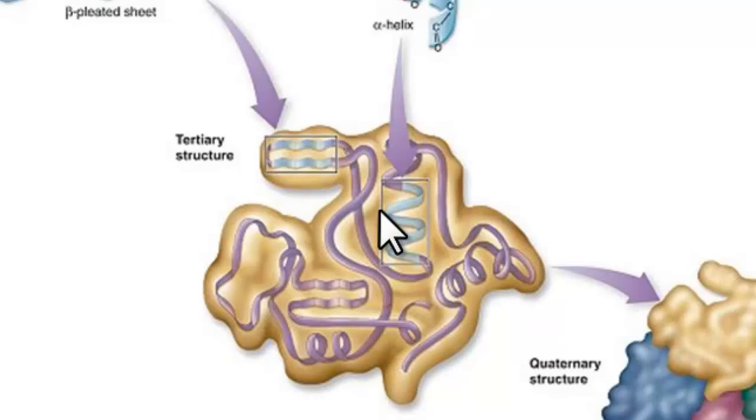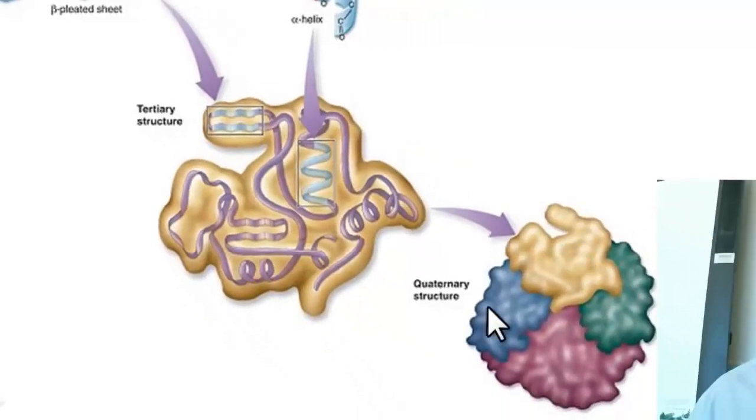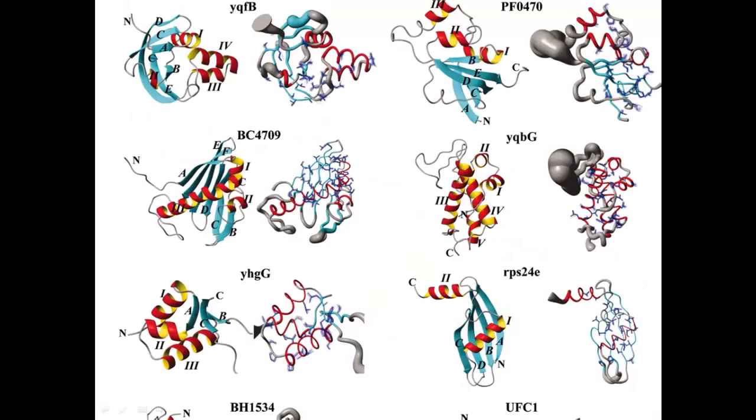So that's the tertiary structure, and the quaternary structure is when we put a couple of these tertiary units together, so we join a few bits of protein together. This is a structure that we have in enzymes. Here's an example of some different enzymes, and we can see that each one of them has quite a complex shape, that they look significantly different from each other.